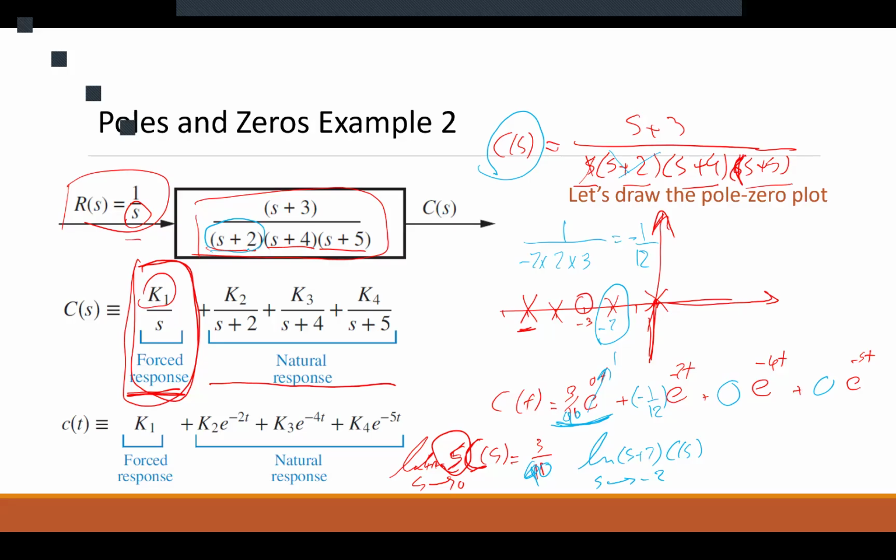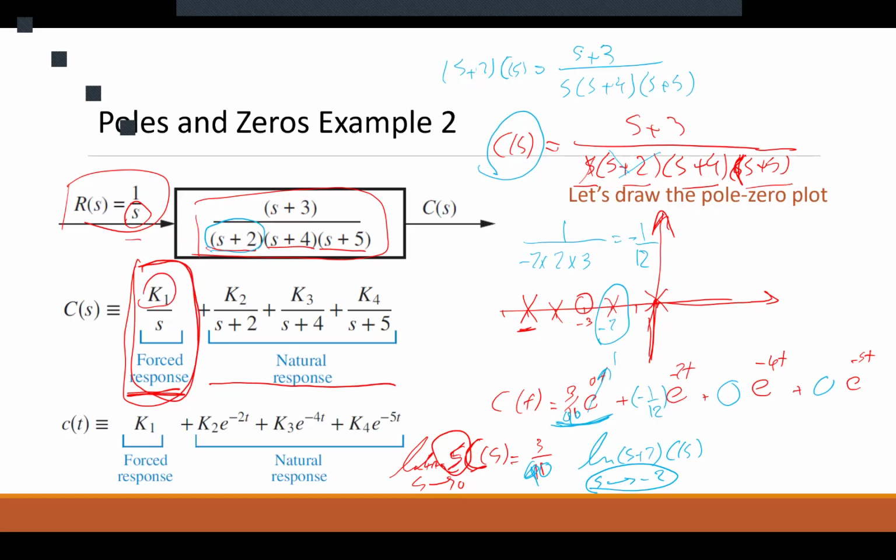If you multiply C of S by S plus 2, you are going to have S plus 3 over S, where the S plus 2 is eliminated, times S plus 4 times S plus 5. Are we good? Now, we want S to be minus 2, so we take the limit of S going to minus 2, meaning we put minus 2 instead of S.